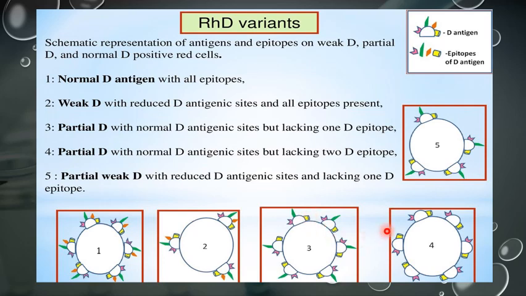Next is the partial D with normal D antigenic sites pero may kulang ng dalawang D epitope. And lastly is the partial weak D with reduced D antigenic sites and kulang ng isang D epitope. So these are the RHD variants.